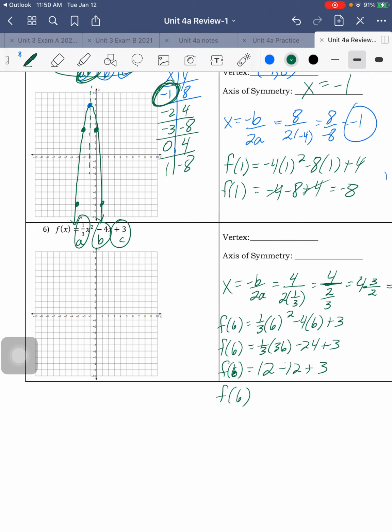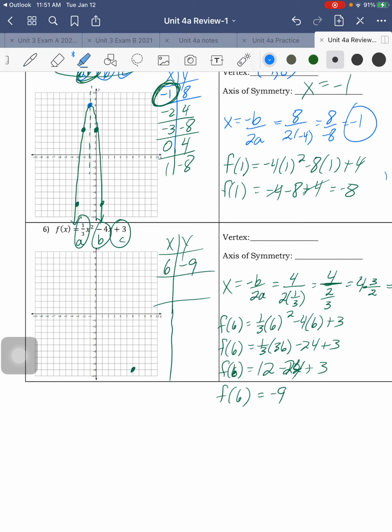That's negative 12 plus 3, which is negative 9. So the vertex is at 6, negative 9. Whoa, way down there.